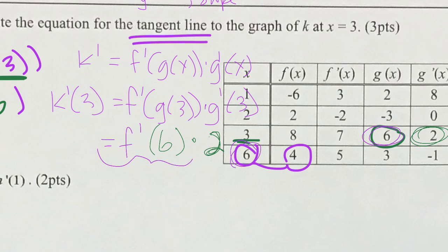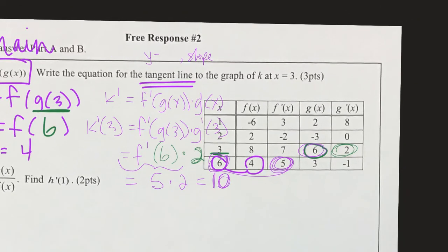F prime at 6 is going to be 5. So 5 times 2 equals 10. So then the equation of our tangent line, when we put it in point slope form, is y minus 4, that we calculated a second ago, equals 10 times x minus 3.